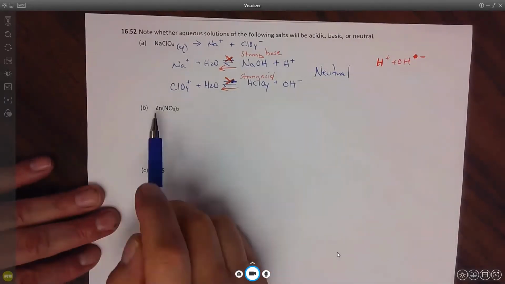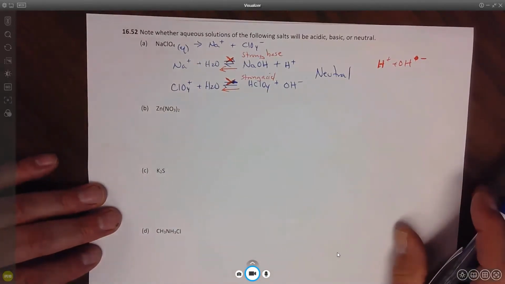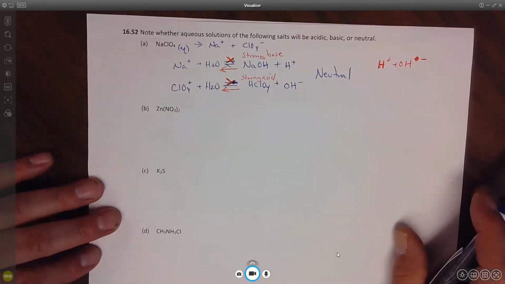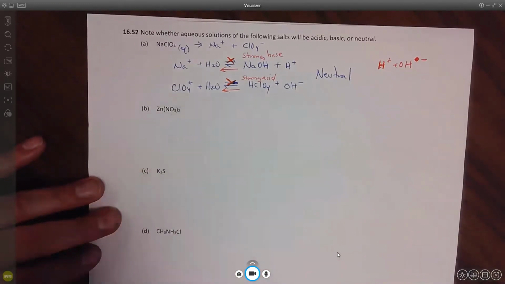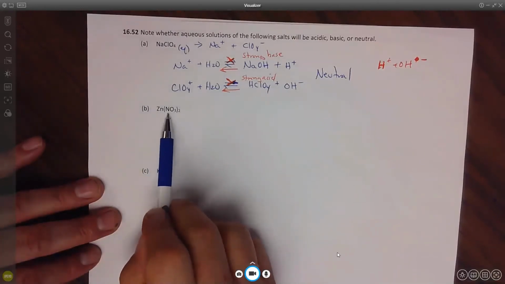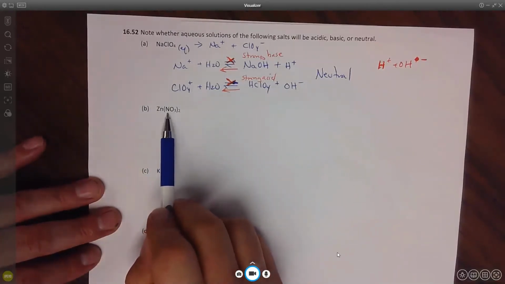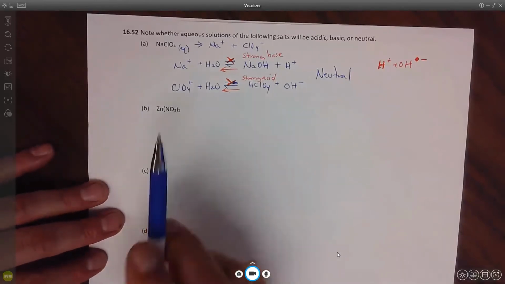Ionic, right? We have a metal and a polyatomic ion. Therefore, it's either an acid, a hydroxide base, a metal oxide, or a salt. It's not an acid. There's no H pluses here. It's not a hydroxide. There's no OHs. It's not a metal oxide. It contains metal and oxygen, but it contains another non-metal, which it cannot. Metal oxides, again, are only metals and oxygen. Therefore, it is a salt.